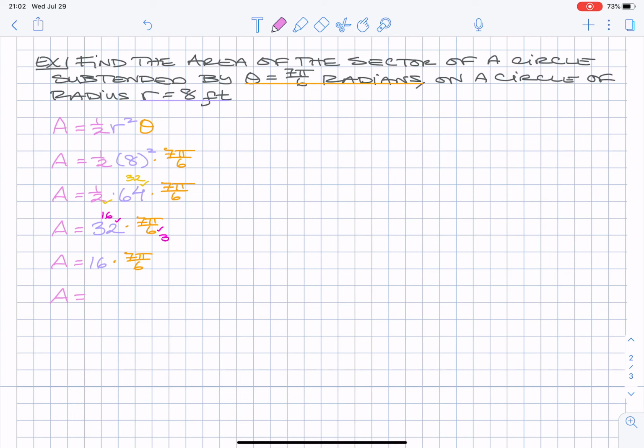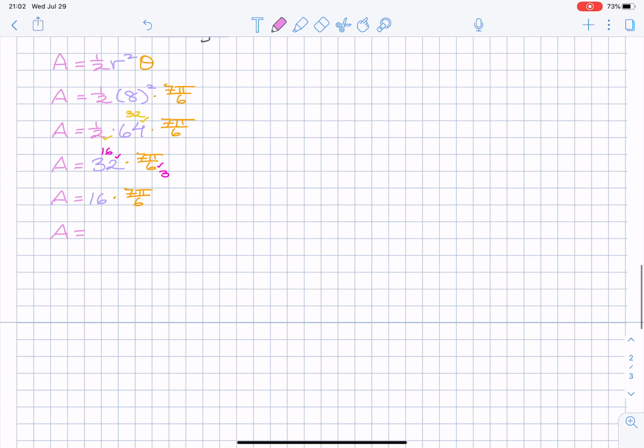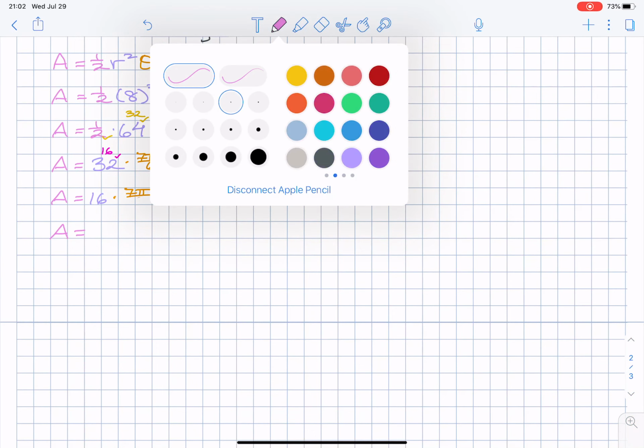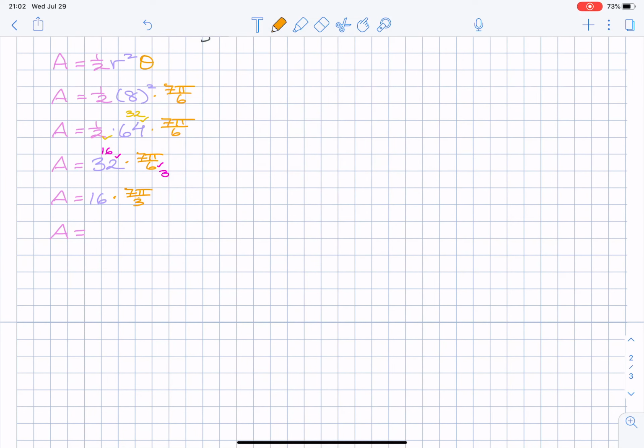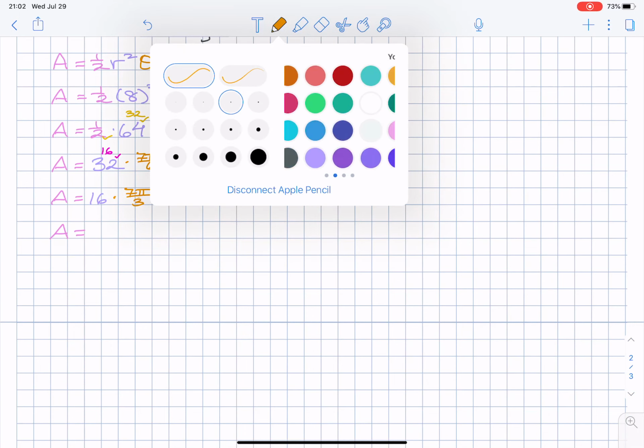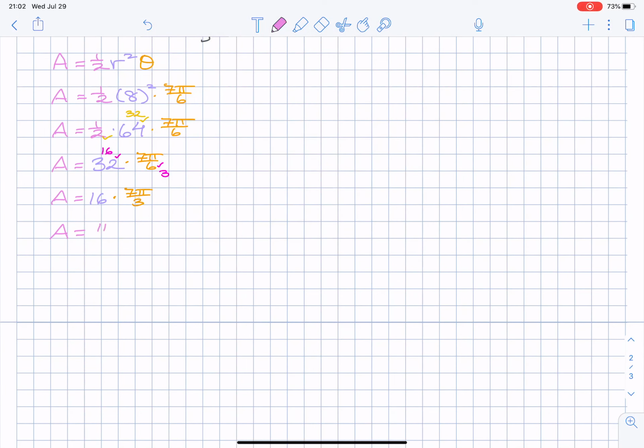So that's 112. Oh, oops, I forgot the 6 became a 3. So we get 112 pi divided by 3. And there we are. It's an ugly number, but that's what it is. Sorry about that. That's what I get for making it up on the fly.